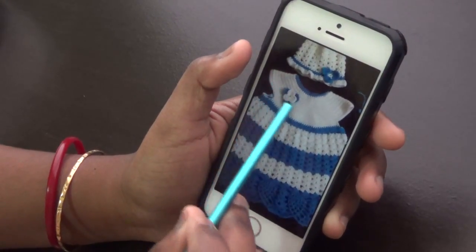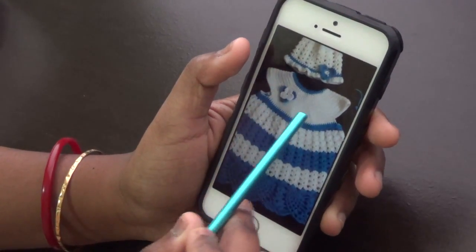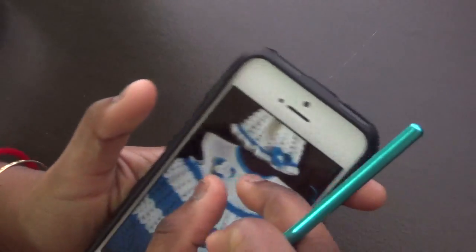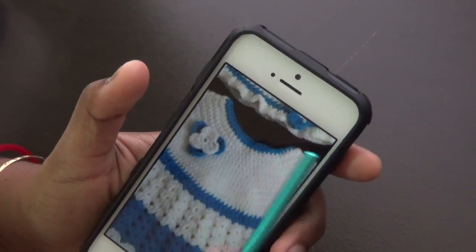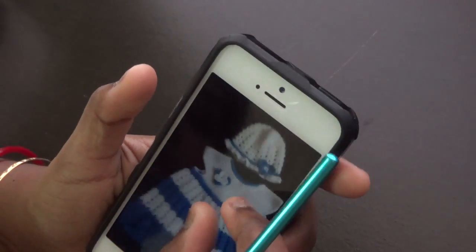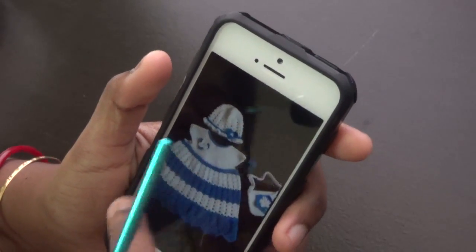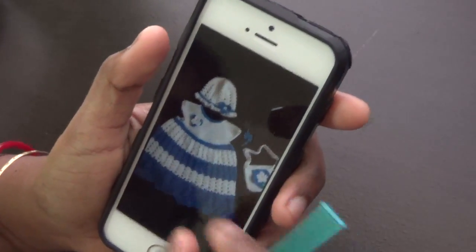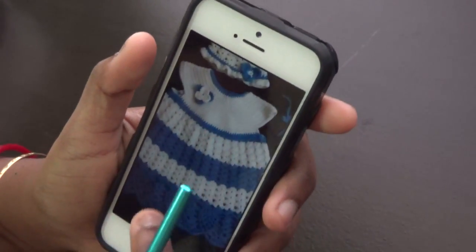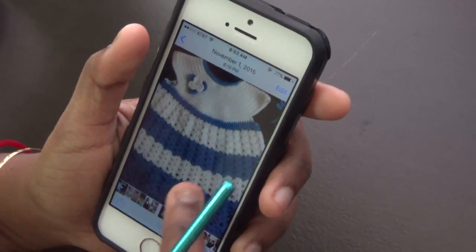See, there is no corner, only the curve. So this is a curved pattern. I have used half double crochet in this dress, and you see the size of the skirt. I have used the same pattern, but for this skirt I have used a different pattern, and for this bodice I have used a different pattern.